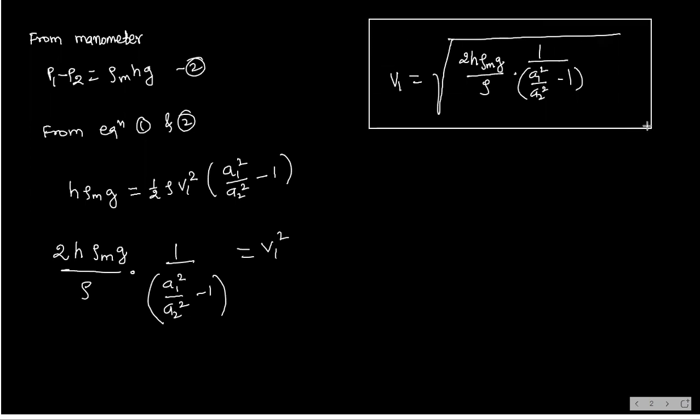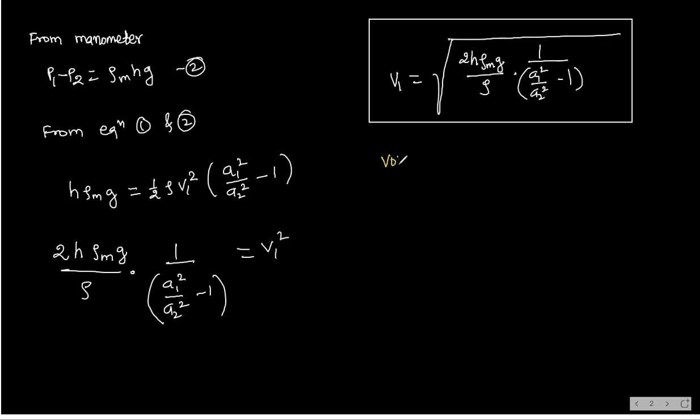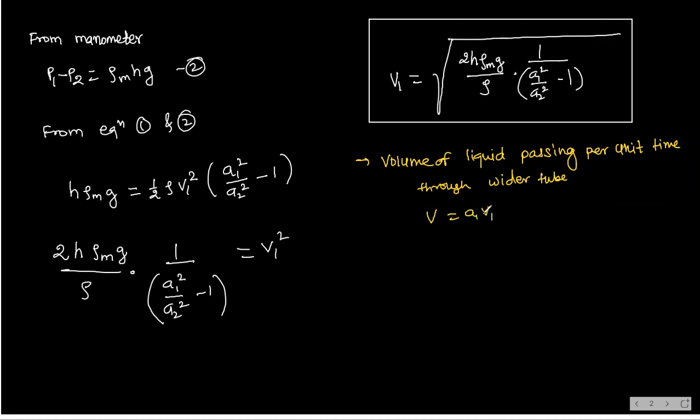Okay, this is what? Velocity. Now, if we want to find the volume of liquid passing per unit time through the wider tube, Phi is equal to A1 into V1, and V1 value we already have.